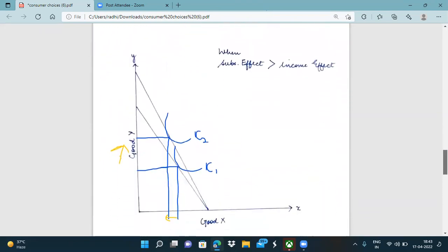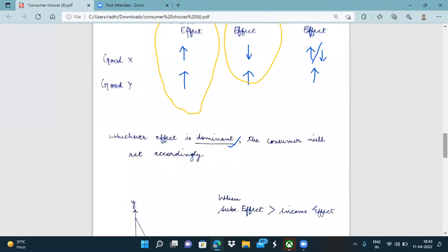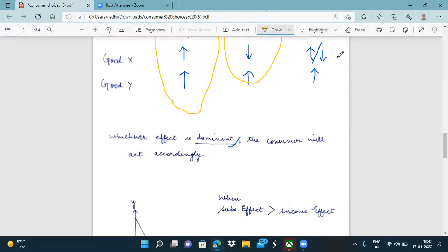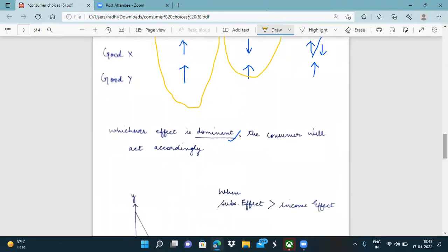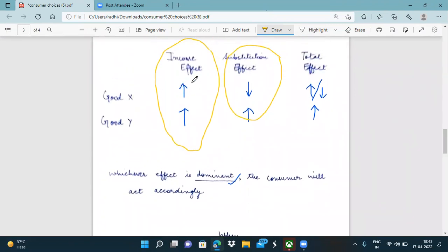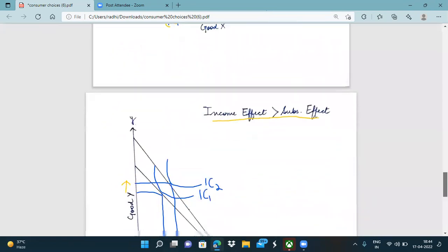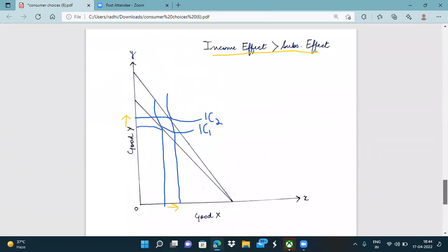So it is clear now from the diagrams and with the help of this schedule that whether the consumer will increase or decrease his or her consumption depends on whichever effect is more dominant, the income effect or the substitution effect. We can apply the income effect and substitution effect to studying various other examples as well.